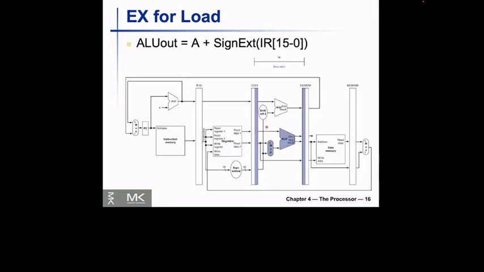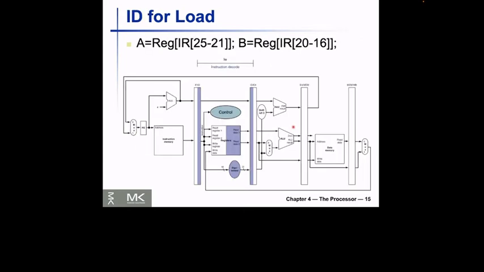All right, so in the next stage, the ALU reads the first input from RS, and it reads the second input from the immediate field, and does the operation here. By the way, let me go back to the previous slide. Internally, the CPU in fact reads both RS and RT, and so RS and RT are both stored in this register. And the immediate field is also stored in the register.